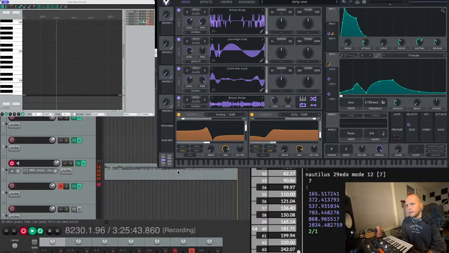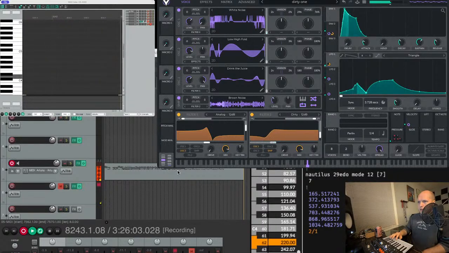A weird thing about doing a 7-note scale is you pretty much just play chromatically, but it's hard to keep track of the notes.